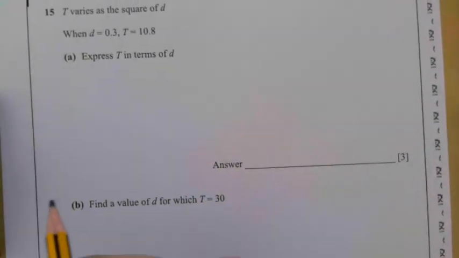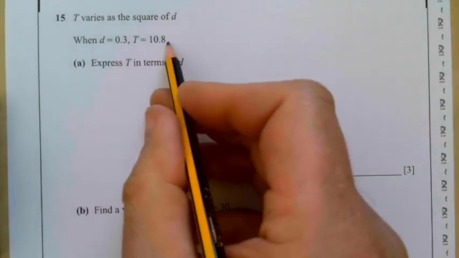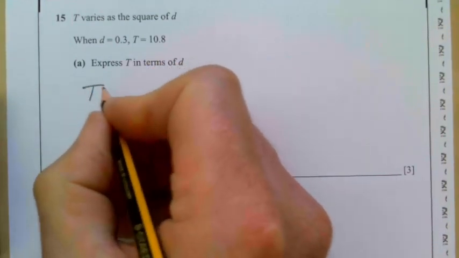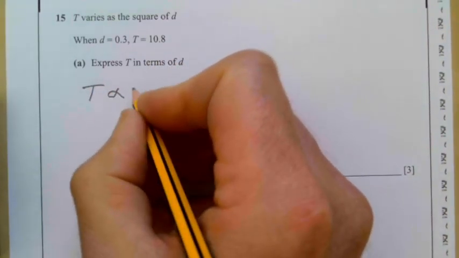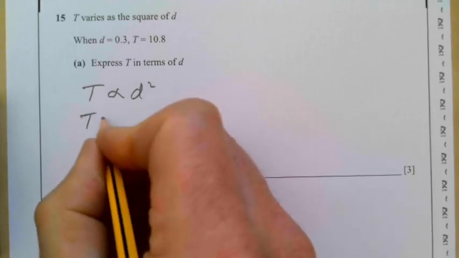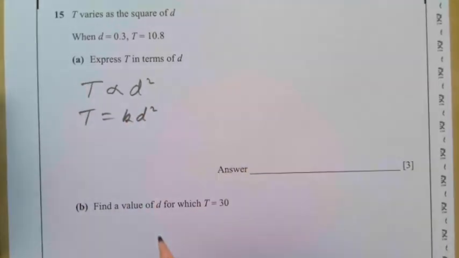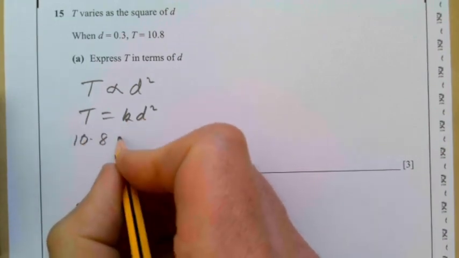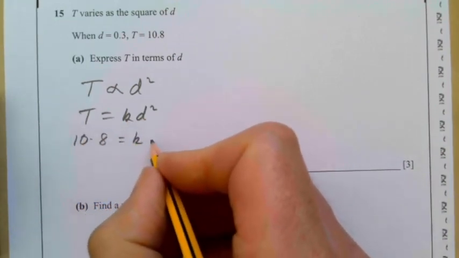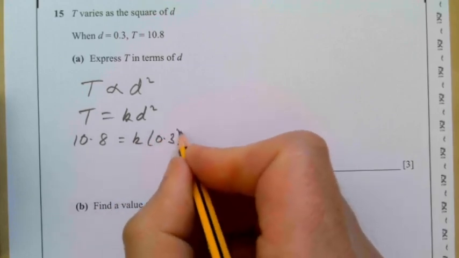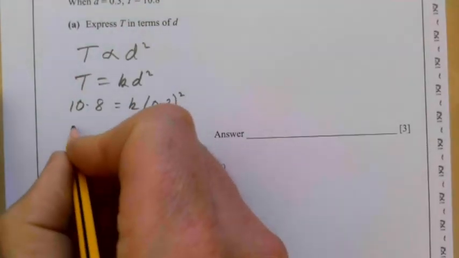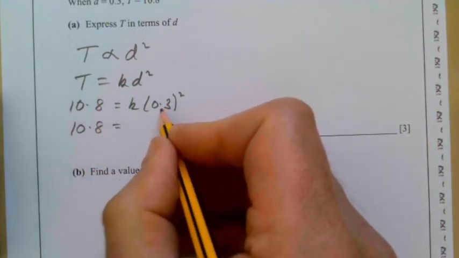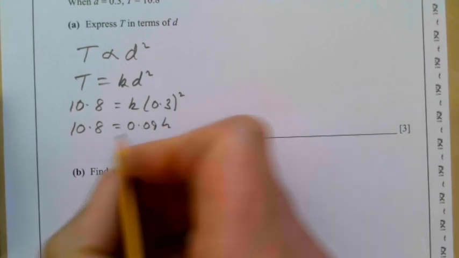T varies as a square of D. When D is 0.3, T is 10.8. Express T in terms of D. T is proportional to D squared. T equals K D squared, and then substitute these in, so 10.8 equals K times 0.3 squared. 10.8 equals 0.09K.